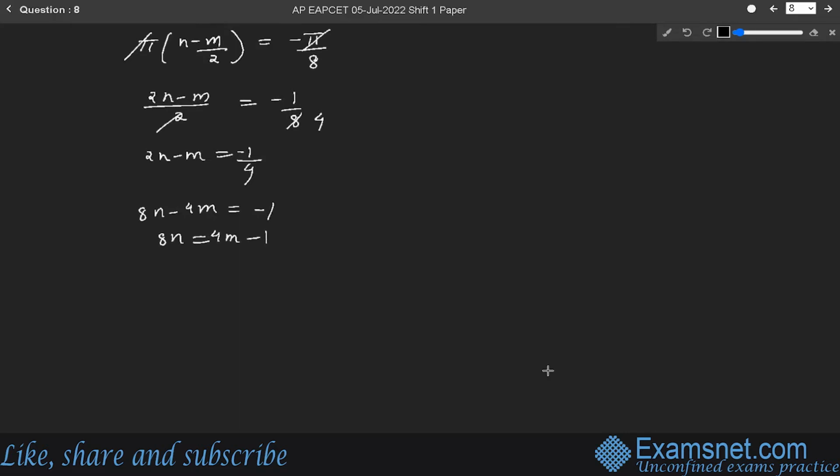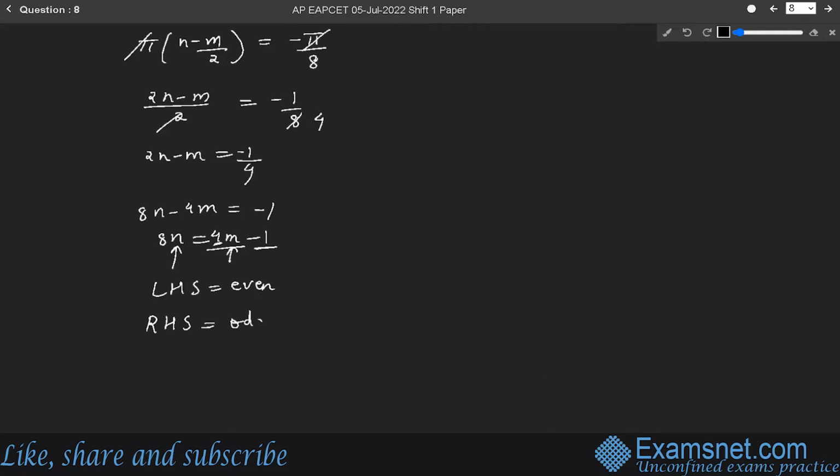Now, let us look at the left hand side. The left hand side will always be even because we multiply a number by 8. Now, let us look at the right hand side. The right hand side will be odd because whenever m is multiplied with 4, it forms an even number, but when we subtract 1 from an even number, it will always be an odd number.